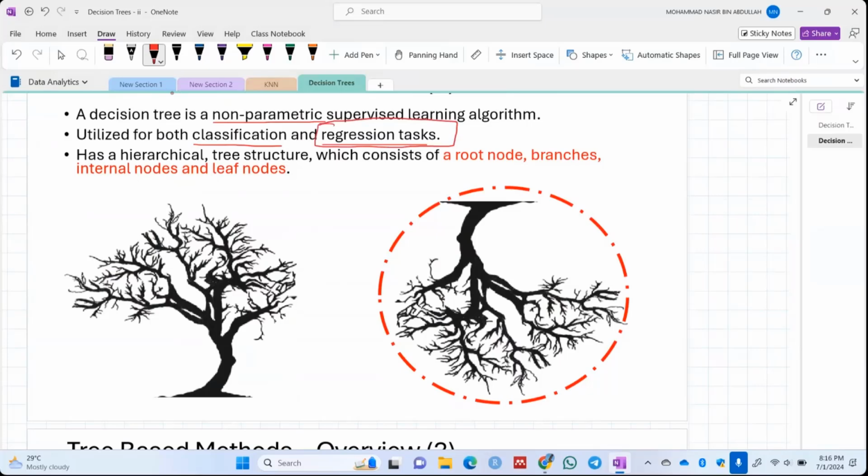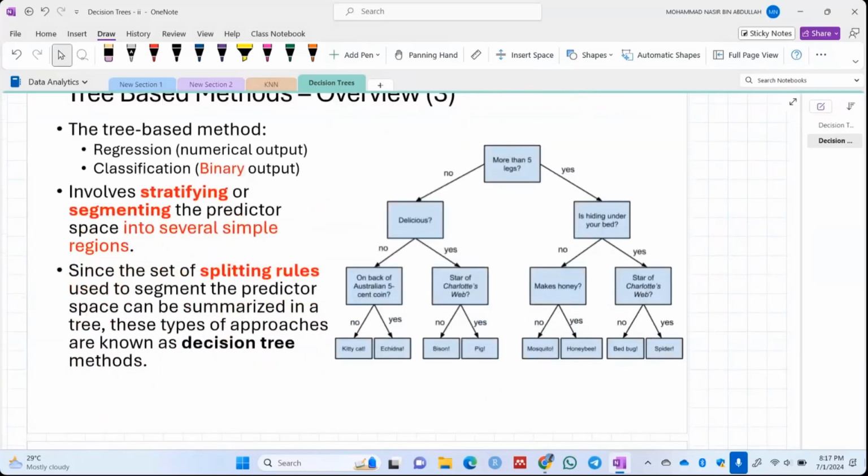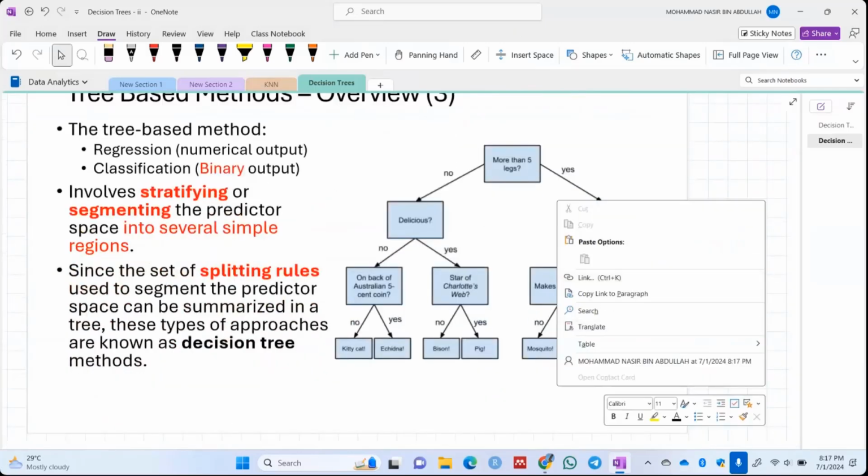It's a hierarchical tree structure which consists of root node, branches, internal nodes, and leaf nodes. So basically, we're going to look at a top-down structure, from the root node to the leaf. So the tree that we're going to construct, starting from the root node to leaf, is a top-down procedure.